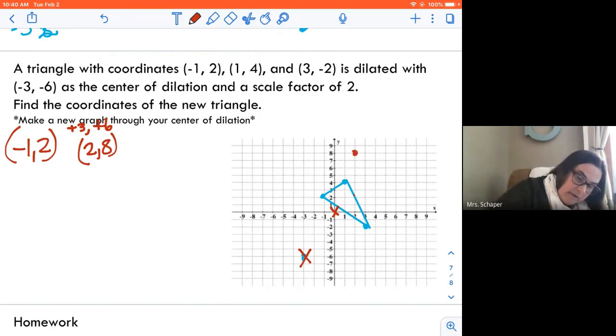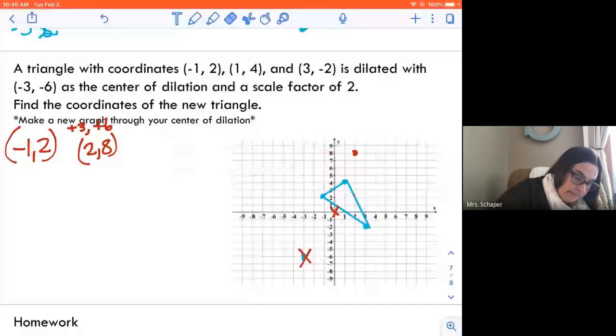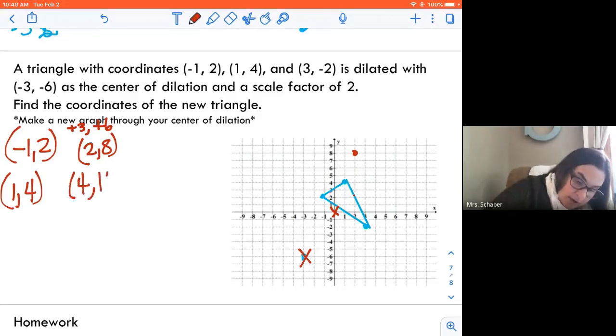So now I've gone from here to here. Now the next one is 1, 4. Okay. And from 1, 4, I'm going to increase 3 to the right and 6 up. So I'm going to increase 3 to the right, 1, 2, 3, and 6 up. And that's going to push me all the way to here.